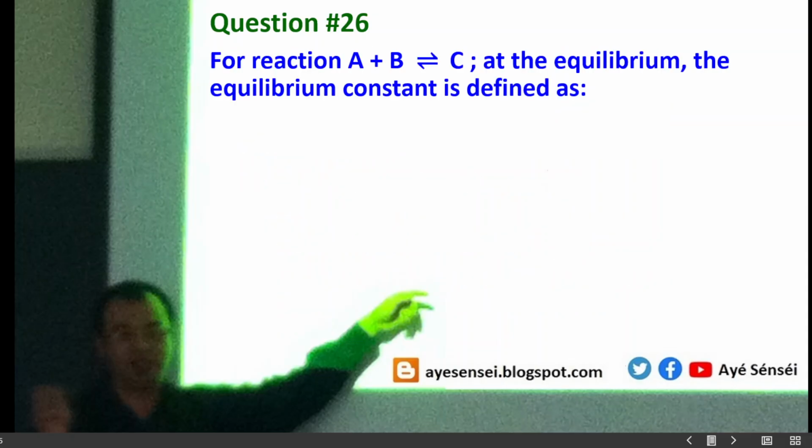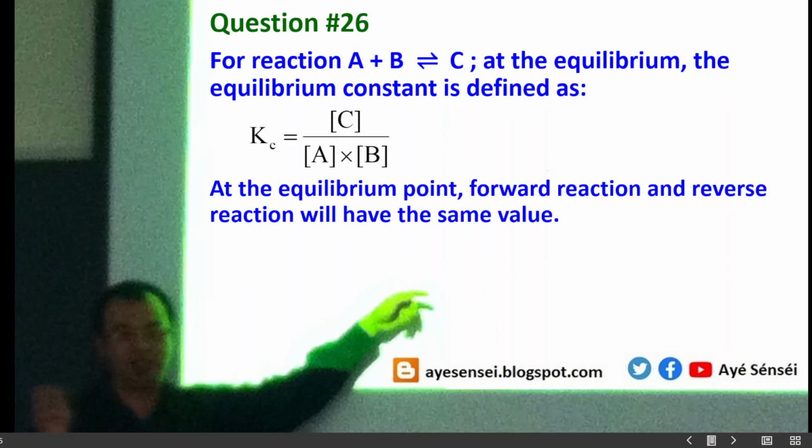First, I'm pretty sure you already understand the equilibrium reaction. For an equilibrium reaction, the equilibrium constant is given by this: concentration of C over concentration of A and concentration of B. Here the concentrations are at the point of equilibrium. At equilibrium itself, the rate of the forward and reverse reaction should have the same value.